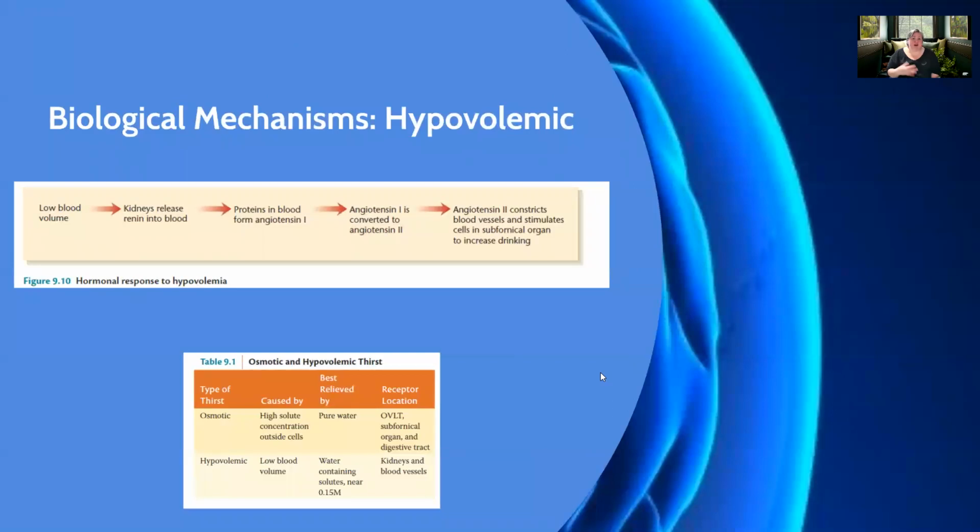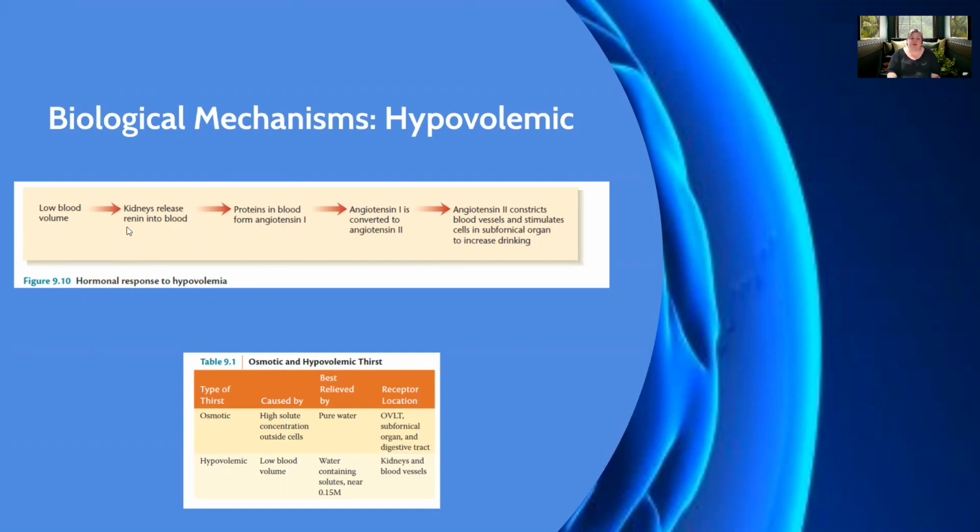I like to look at flow charts because it helps put everything in a step-by-step process. So this is a flow chart to show how our body responds to hypovolemia. When we have low blood volume, or our body realizes that our fluids are low, our kidneys release renin.